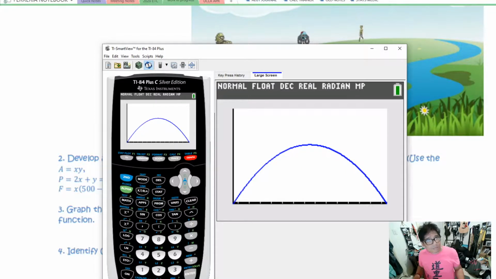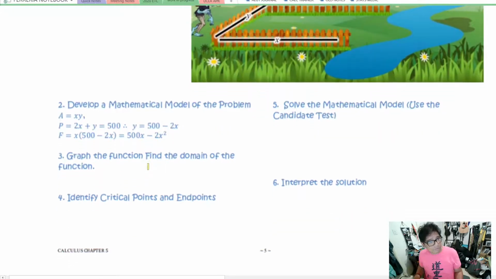So we've graphed the function. What is the domain? X should be between 0 and 250. Now remember that I'm making these inclusive of 0 and 250 because theoretically it's possible, but practically it's not possible.